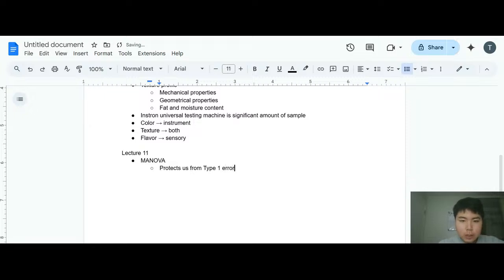Why? Type 1 error is a false positive, or when the hypothesis test incorrectly rejects a null hypothesis that is true.